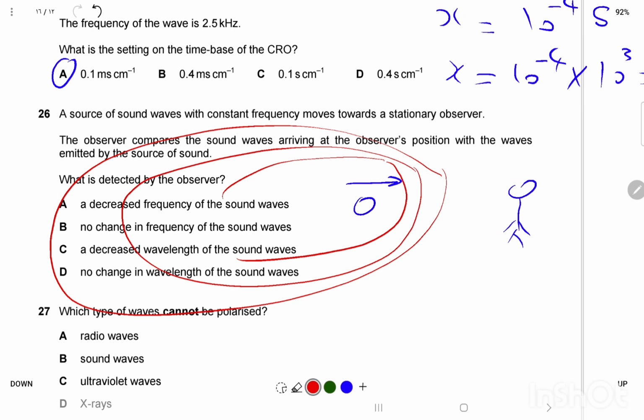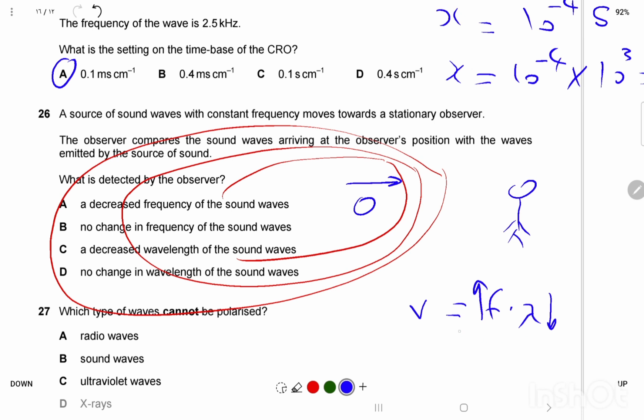Okay, so the observer will feel a high frequency, and when frequency increases, wavelength decreases, because V is equal to f lambda. You can see when f increases, lambda decreases.